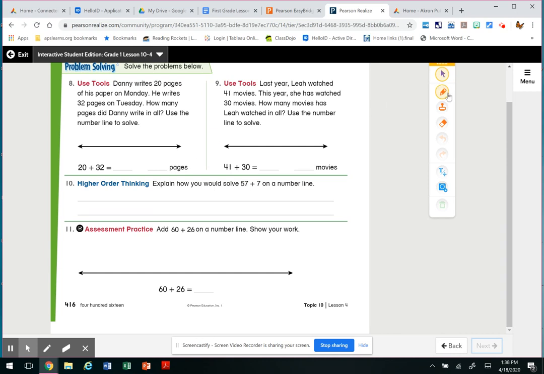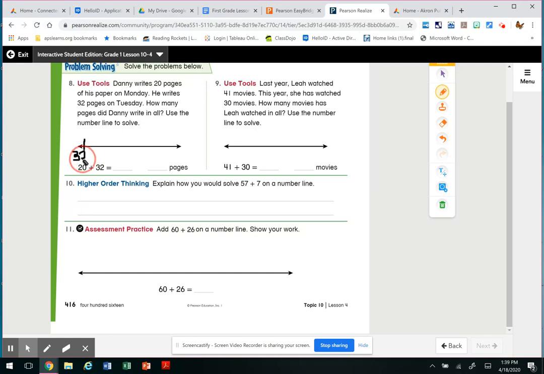So again, we have in all. Those words let us know it's going to be addition. They set the problem up for us, but when we hear or see the words in all, we know that we're going to be adding. So I'm going to start with the number 32 on this open number line.